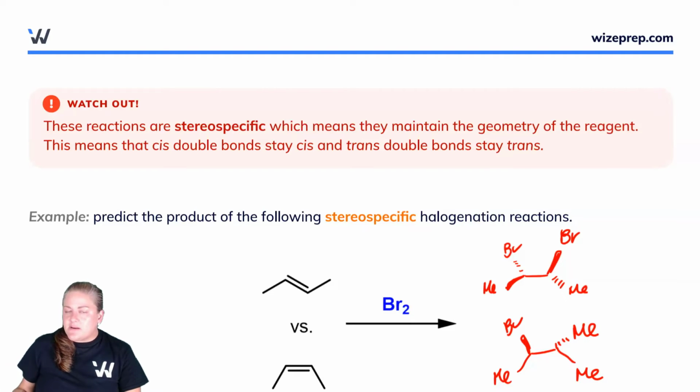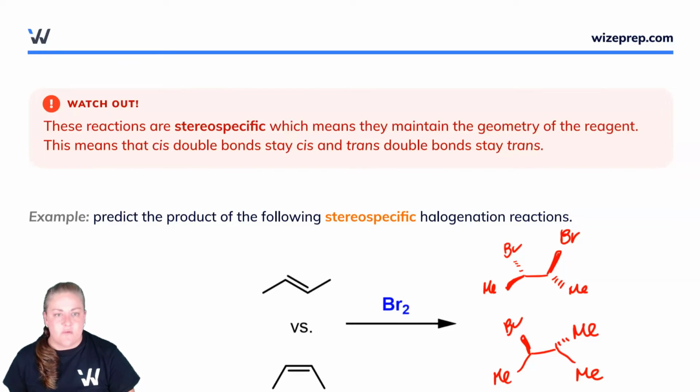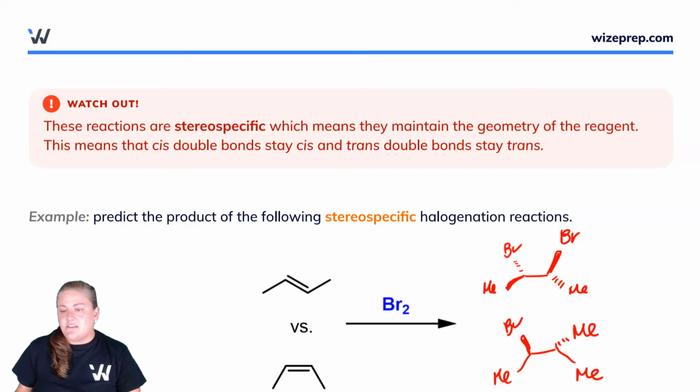Remember, stereospecificity says to us that the stereochemistry of the reactant dictates the stereochemistry of the product, which means that cis alkenes remain cis and trans alkenes remain trans. That's halogenation with its weird three-membered ring intermediate. So again, you should be able to predict the product, think about the stereochemistry, and draw that mechanism.